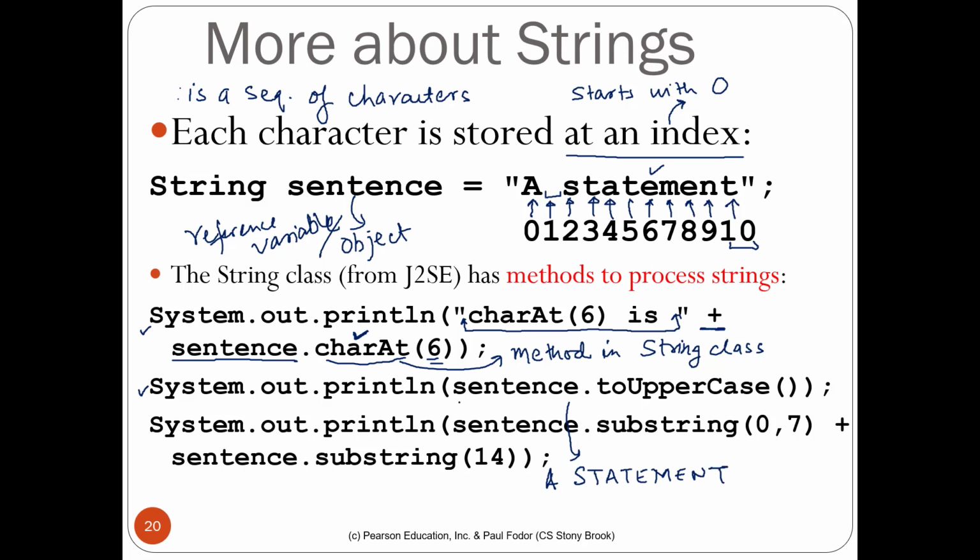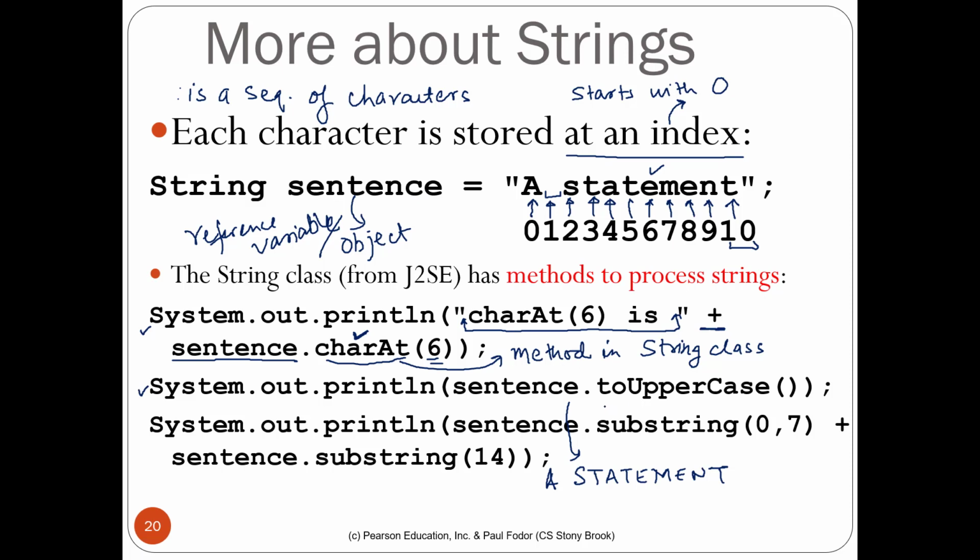But the interesting thing to keep in mind is that the value we have in the sentence will not change. A new string will be created which is an uppercase of the value we have in the sentence. I'll do a demo for this one, don't worry.